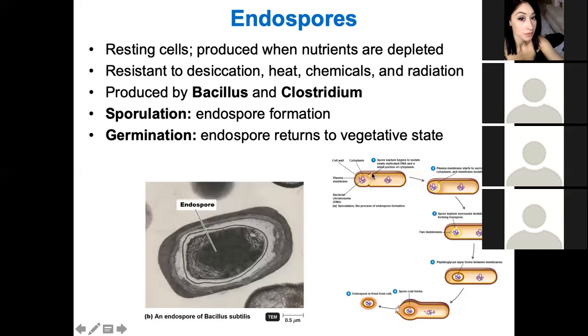So here's the mother cell there, and here's a small daughter cell here at the end. But this daughter cell is treated differently. It doesn't just develop the normal cell wall. Instead, a highly specialized cell wall called the spore wall is developed around the spore, and the spore has very special properties. First of all, it is almost completely inert. It has almost no metabolism at all.